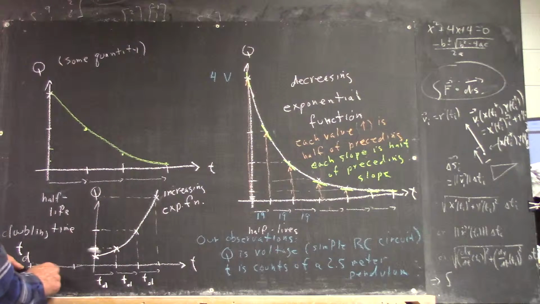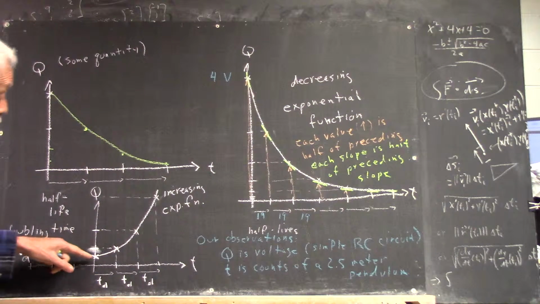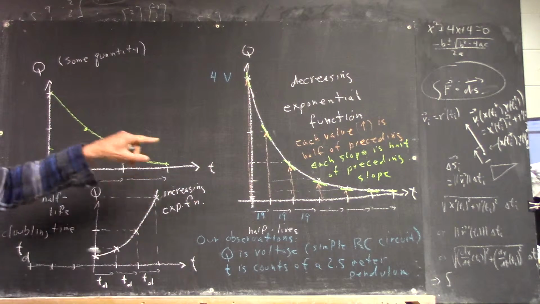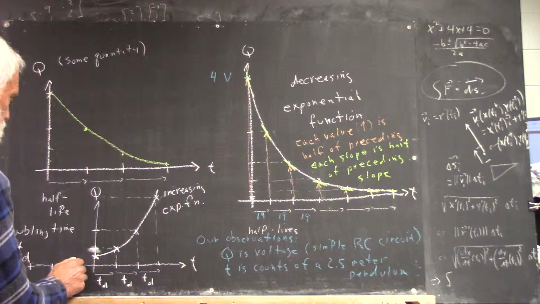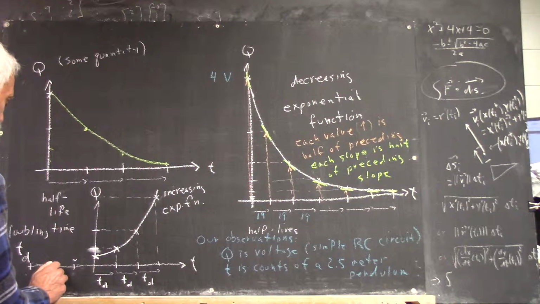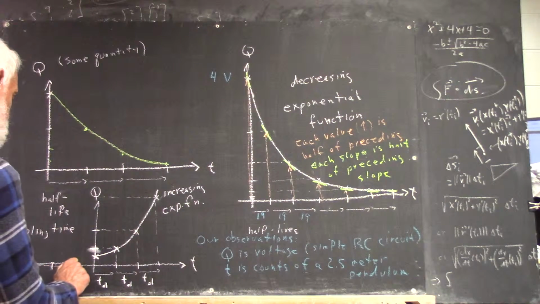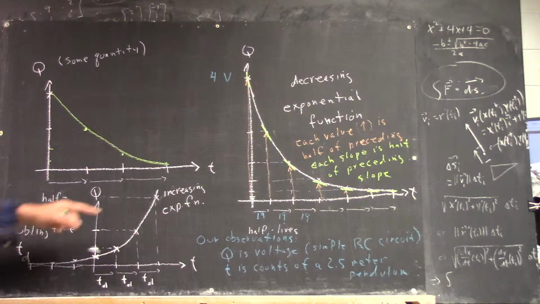So maybe this thing's been there for a while, you just started observing it here. And you observe this exponential increase. Well, that means if the process was continuing here, this thing actually does this.